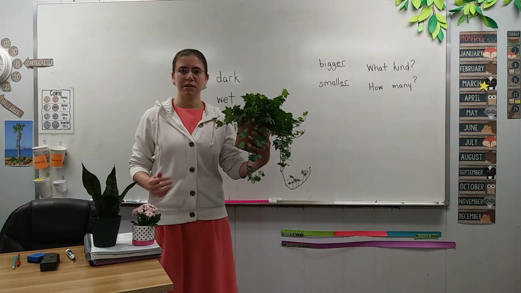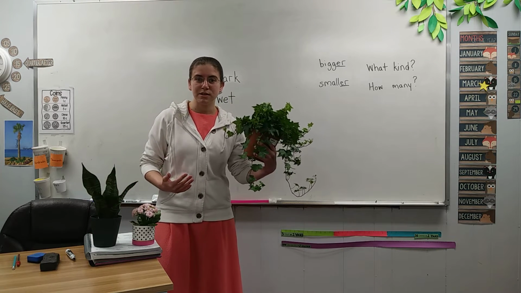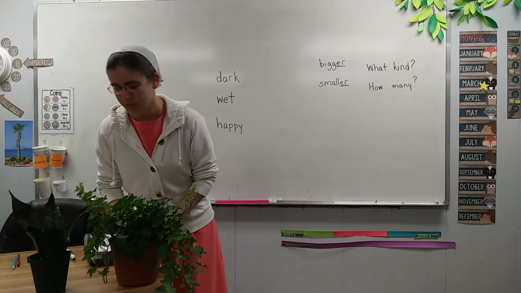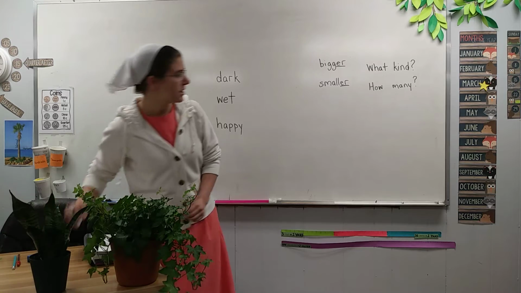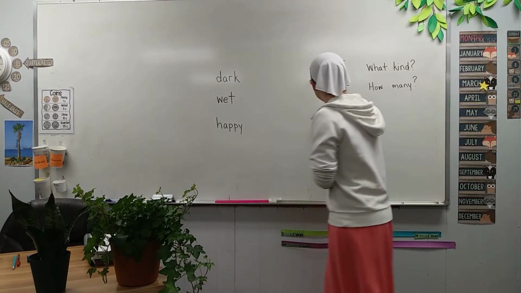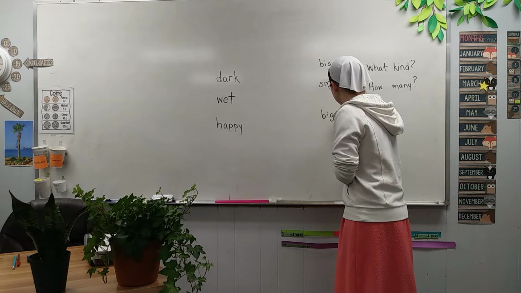Okay, so when I'm comparing 3 or more things, I add EST to my adjective to compare. When I'm comparing 2 things, I add ER to my adjective. If I'm comparing 3 or more things, I add EST.